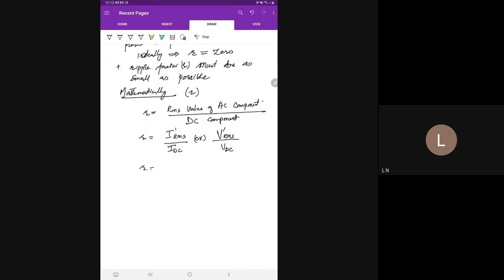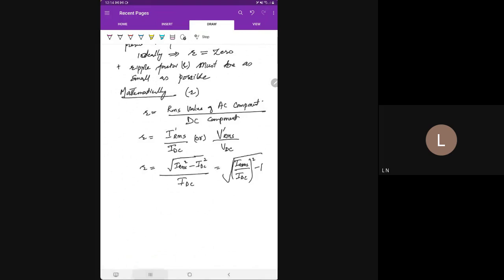So the ripple factor in terms of current is equal to root of I RMS square minus IDC square, divided by IDC. If we simplify it, it will be equal to root of I RMS divided by IDC, whole square, minus 1.